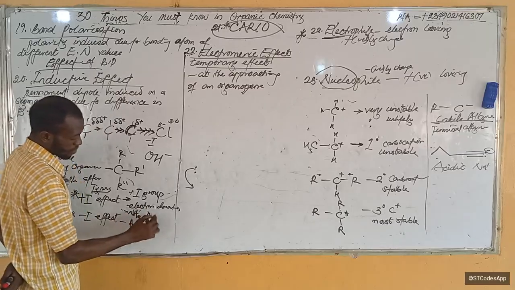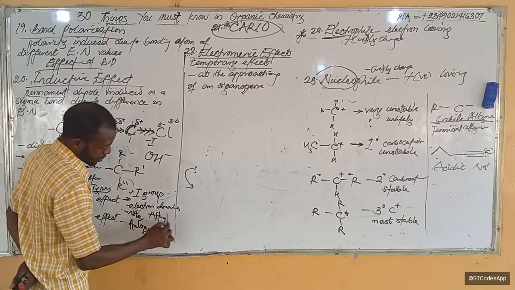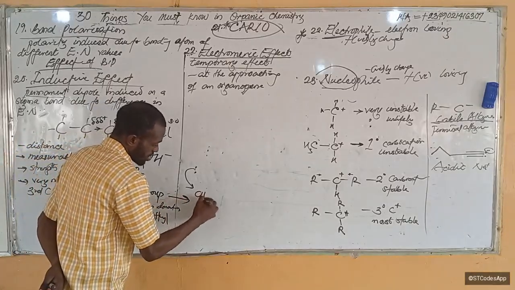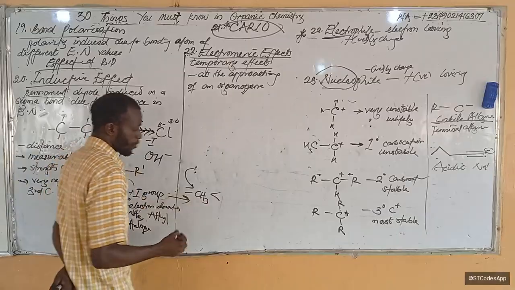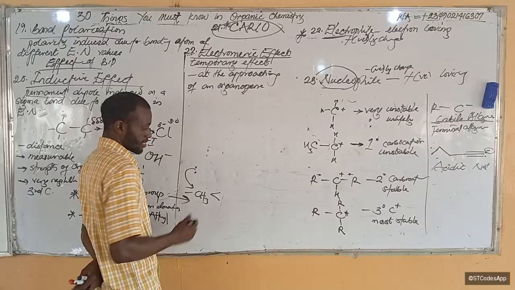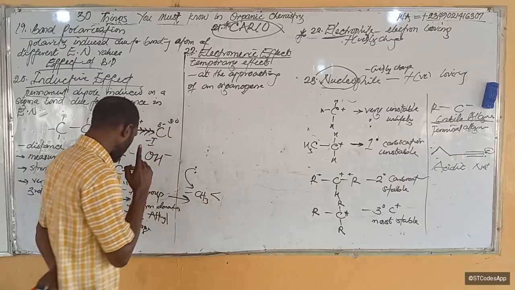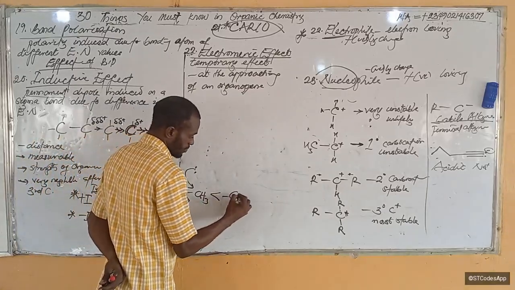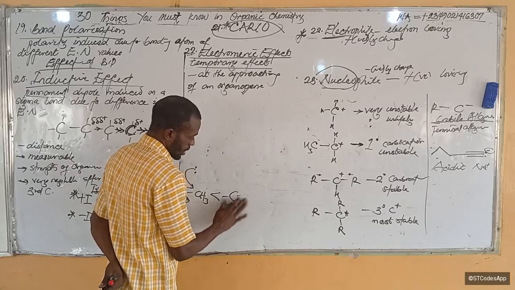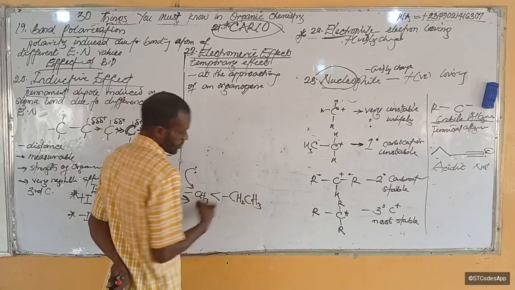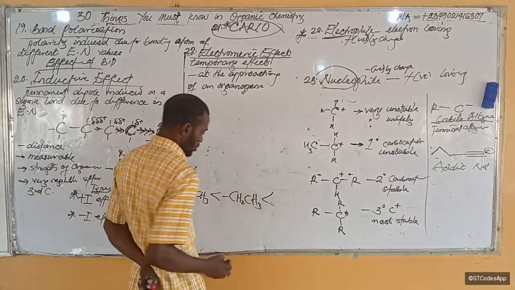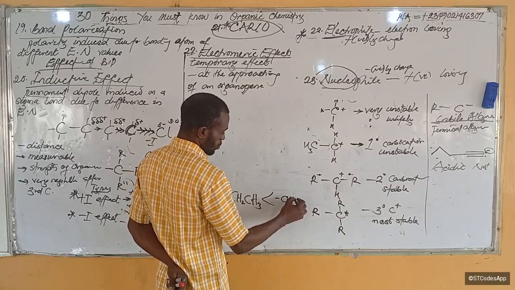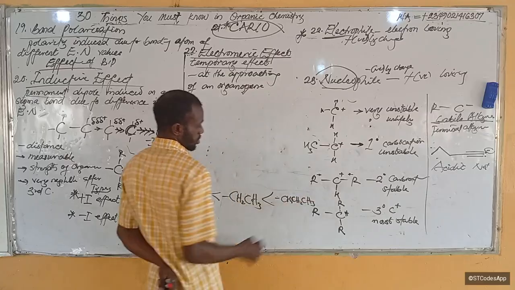Alkyl groups generally are too. But there is also a degree or strength of the I groups. For example, a methyl group will not have as much positive inductive effect as a CH2CH3, and this one will not have as much as the next.